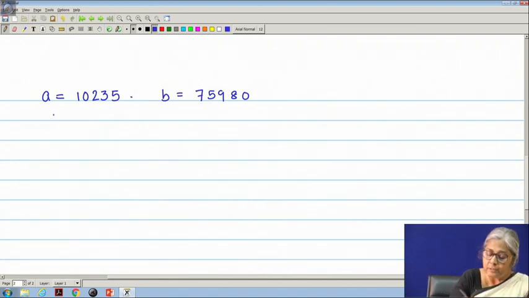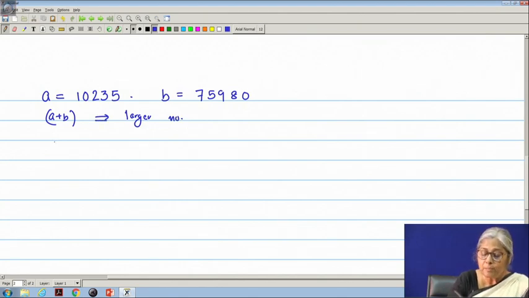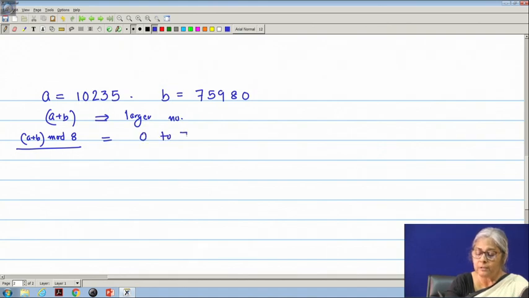Whatever I do, when I do a plus b, it will again be some larger number, and when I take a plus b modulo 8, whatever large number it is, my result will be only 0 to 7, because modulo 8 means only the remainder when divided by 8, and the remainder can be only 0 to 7.